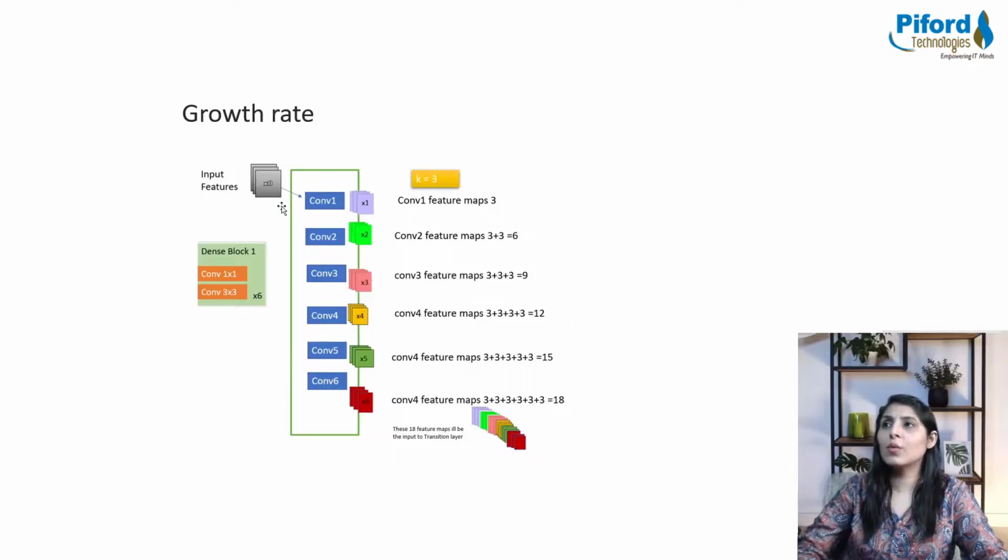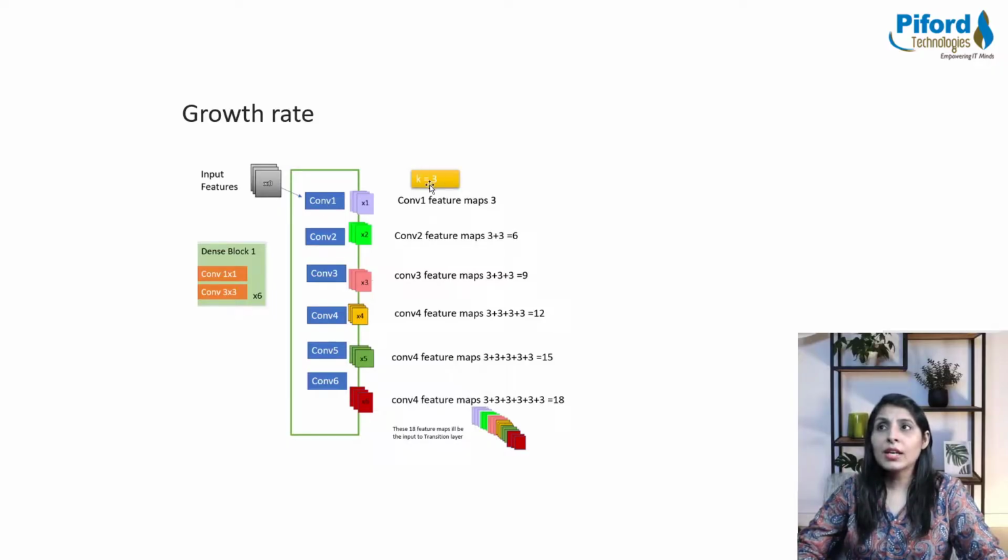Let's see with this example. These are some gray features, and this is dense block 1. In dense block 1, guys, all these layers are connected with each other. Sorry, I haven't drawn that connection over here, but all these 6 layers are connected with each other, because inside a dense block each and every layer is connected. These are the features of the conv layer.